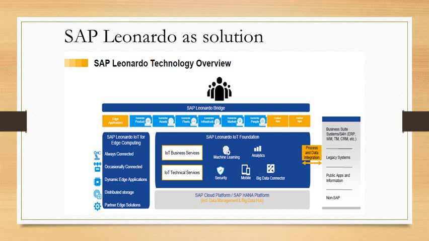Next is SAP Leonardo Foundation. SAP Leonardo Foundation enables you to connect, integrate and manage a large diversity of sensor data. This foundation can be divided into two categories: IoT business services and IoT technical services. The technical services facilitate the connection to process the large amount of data, process analytics and run predictive scenarios.